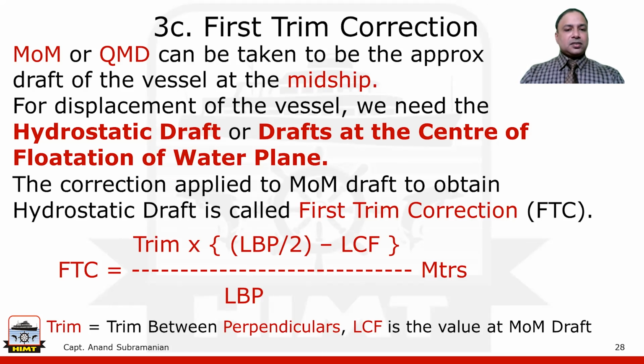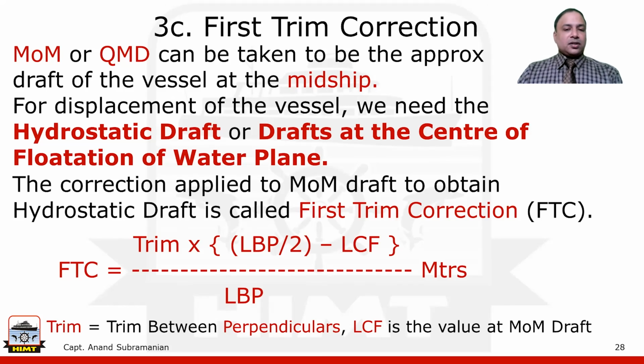The first trim correction: in the numerator, trim multiplied by half of LBP minus LCF. And in the denominator, we have LBP. This is again length between the perpendiculars, because again, we are going to use all values between the perpendiculars. Even the trim value is between the perpendiculars. And this LCF value, what we see over here in the numerator, is the value at the mean of mean drafts.